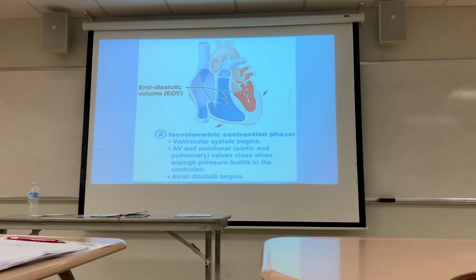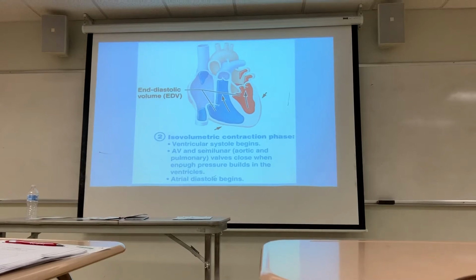Ventricle filled up, left ventricle filled up. The arrows pointing to the pulmonary trunk, to the lungs. The arrow pointing to the aorta means the blood is oozing from the ventricles, on the right to the lungs, on the left to the aorta.